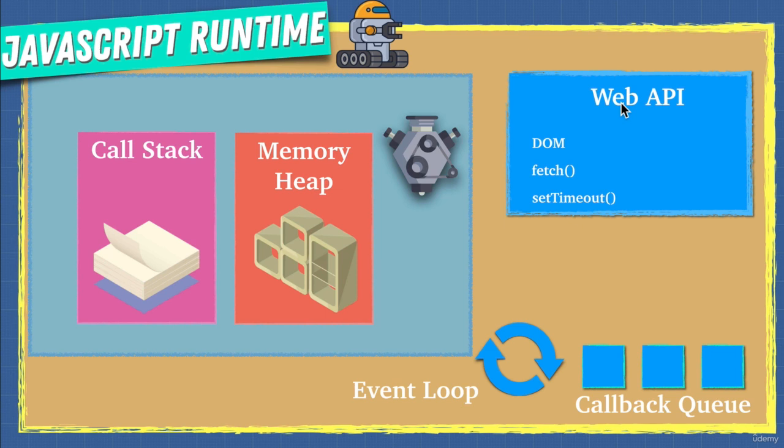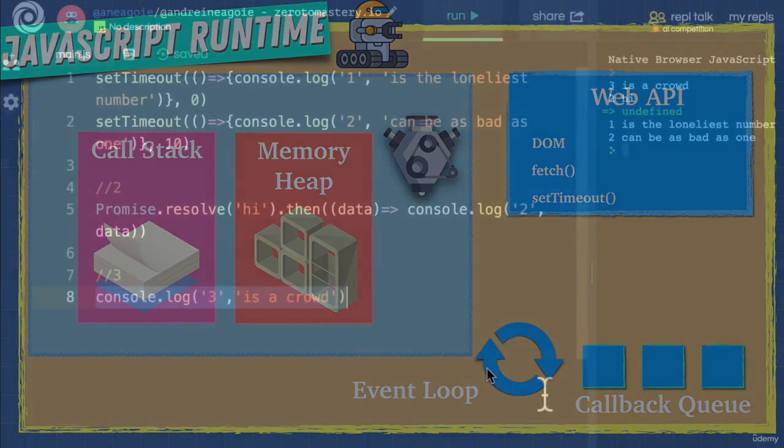When it's done with whatever it is, such as a timeout of 5 seconds, it will add the callback or the function that we need to invoke into the callback queue. And then the event loop is going to check and see if our call stack is empty and our entire JavaScript file has been read once. And then if it's empty, it pushes it onto the call stack. So the event loop simply monitors the call stack and the callback queue. And we've talked about this before.